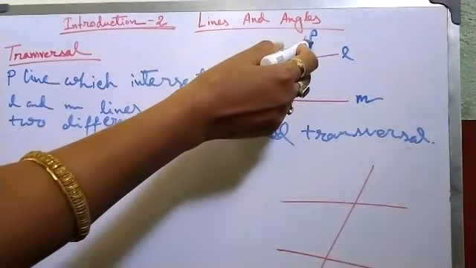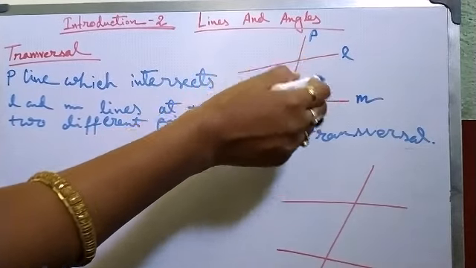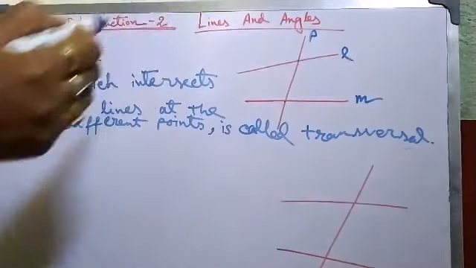So here P is called the transversal of L and M. This line P intersects L and M at these two points.